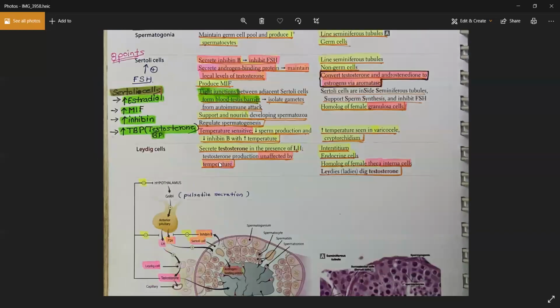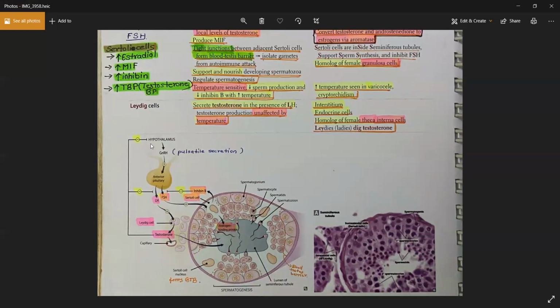As you can see, you have a hypothalamus that releases GnRH. The GnRH will act on the anterior pituitary to release the LH and the FSH. The function of the LH is to act on the Leydig cells to release testosterone. And the function of the Sertoli cells is to increase the concentration of the testosterone inside the seminiferous tubules. While doing so, the FSH will stimulate the Sertoli cells, and the Sertoli cells again release the inhibin.